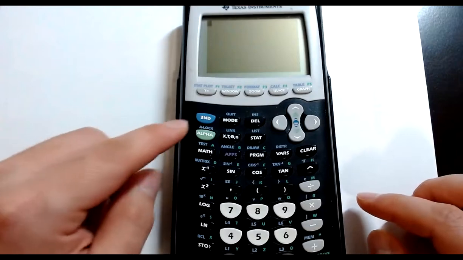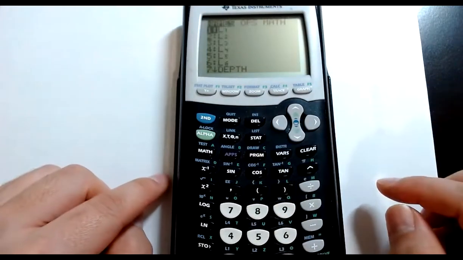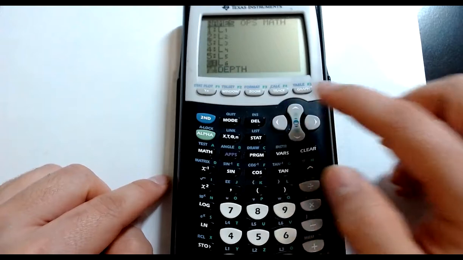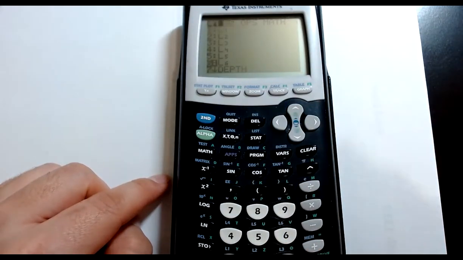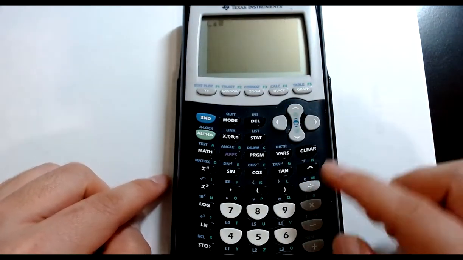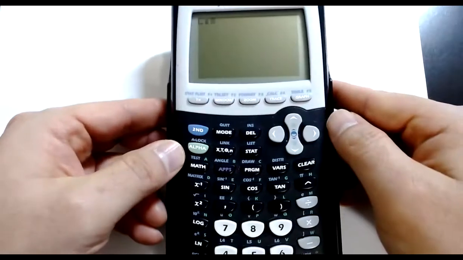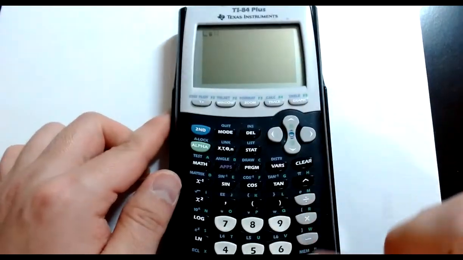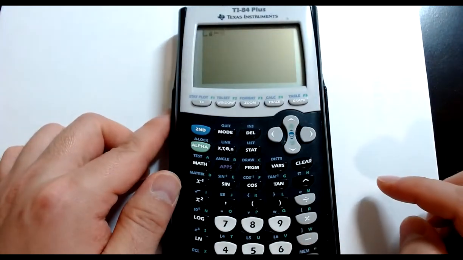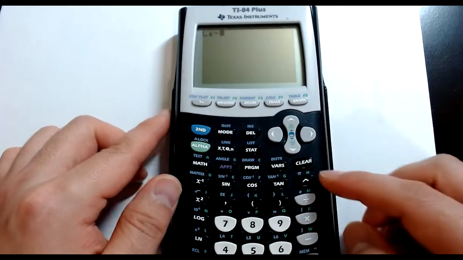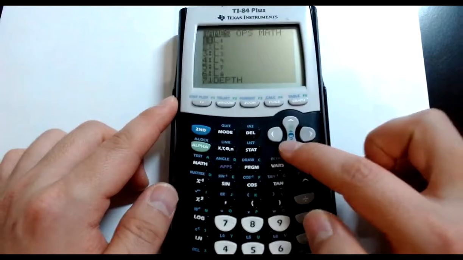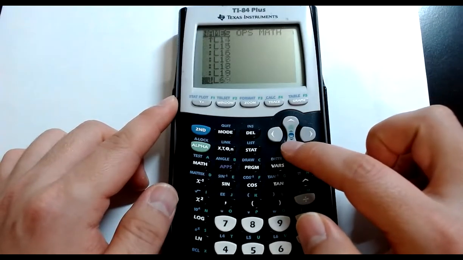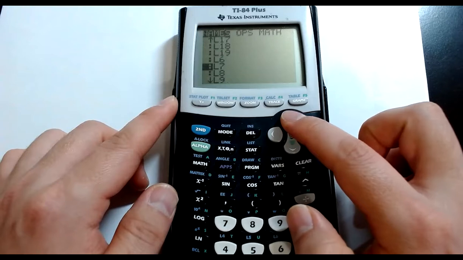Instead, just use second list. Go to the list, choose the column name you want, enter, minus, L6 and then minus L7. This is L7, right?